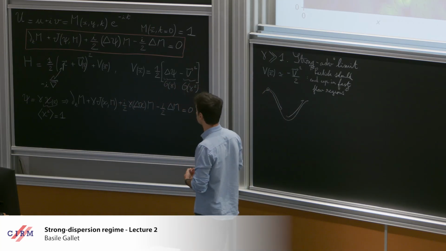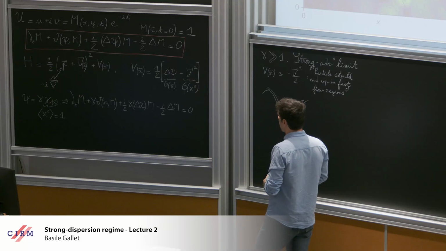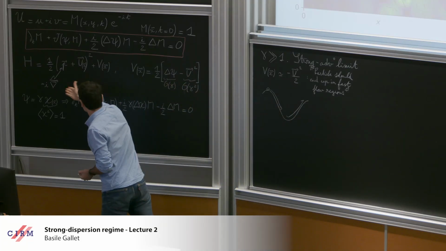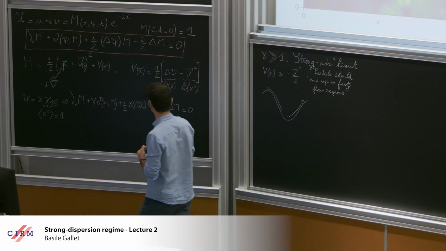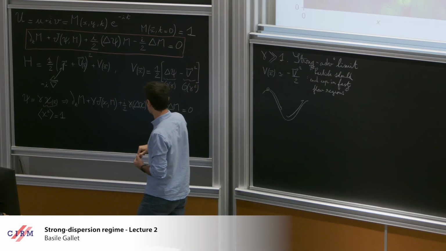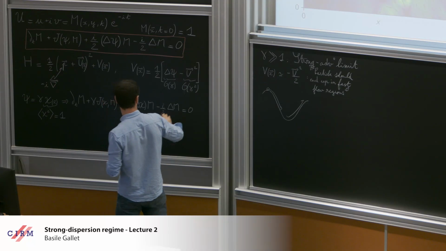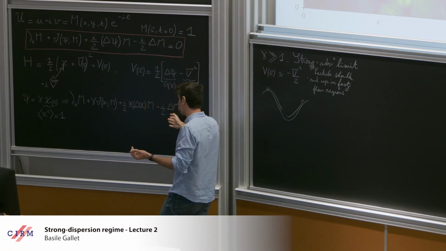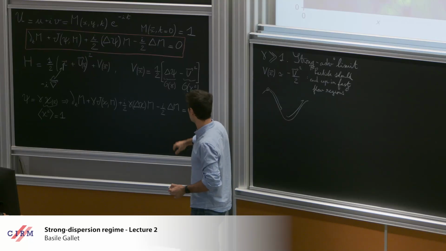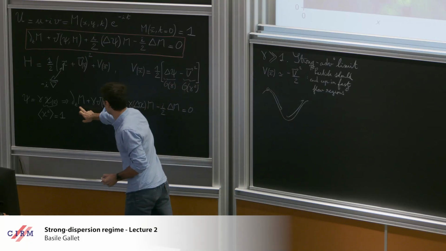Okay, and in fact, at this stage, when you look at the YBJ equation, it's maybe not obvious how to make predictions in that limit. But another thing we said is that this YBJ equation is exactly analogous to this quantum mechanical problem. And now gamma going to infinity is when, if I divide by gamma, I can get rid of this term, or this term becomes small. Okay, I cannot quite get rid of this term. But this is the limit h bar going to 0 of quantum mechanics, right?